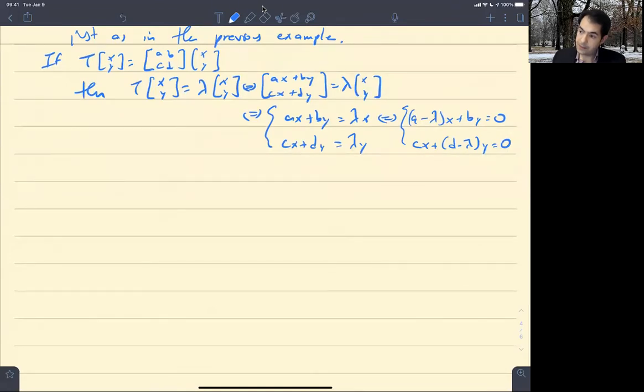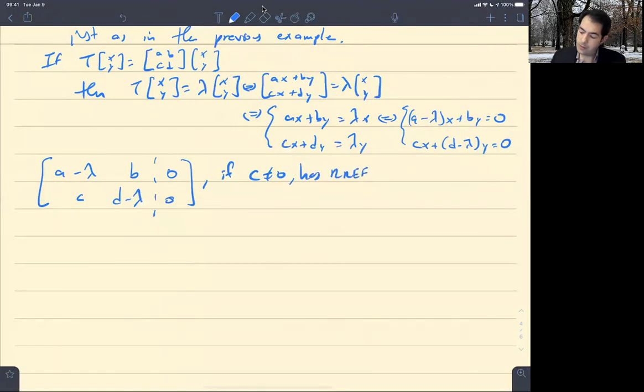Right, so then the system of equations we're looking at has coefficient matrix a minus lambda, b, c, d minus lambda, and then we'd augment that with 0. And this, if c is not equal to 0, has reduced row echelon form given by 1, 0, and then here you would have 1 over c times d minus lambda, and here you would have a minus lambda times d minus lambda minus bc.